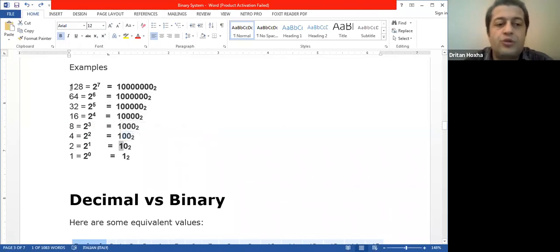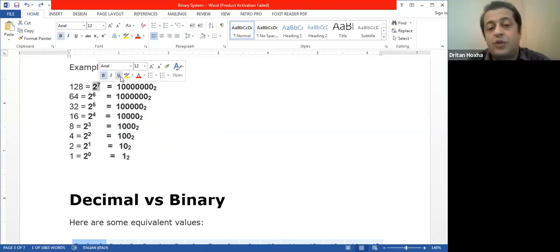If we want to write 128, what does it have? This number is 2 at power 7, because 2 times 2 is 4, 4 times 2 is 8, 8 times 2 is 16, 16 times 2 is 32, 32 times 2 is 64, 64 times 2 are 128. So we have 2 at power 7.